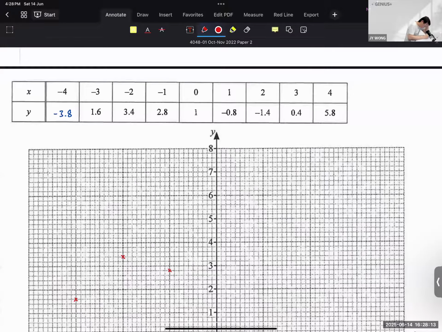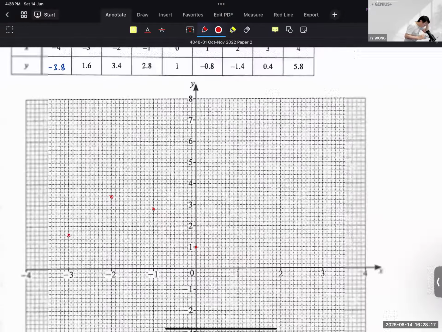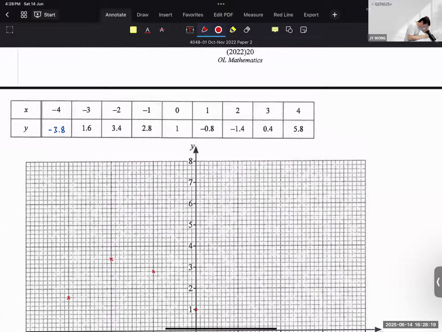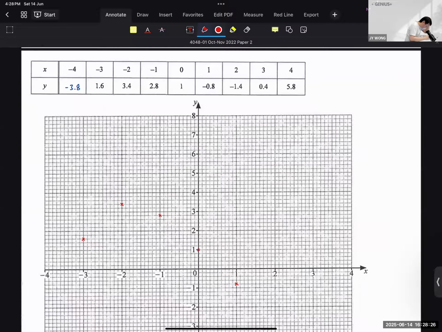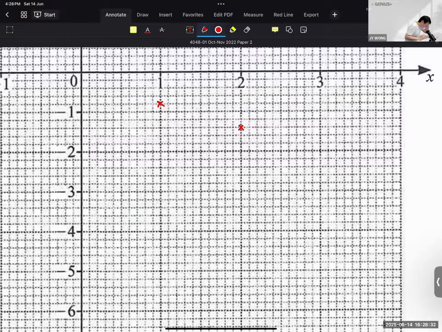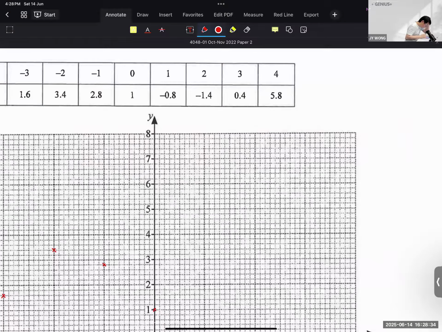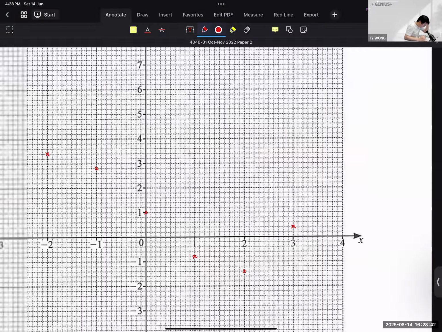Zero is 1. 1 is -0.8. 2 is -1.4. 3 is 0.4. And lastly, 4 is 5.8.